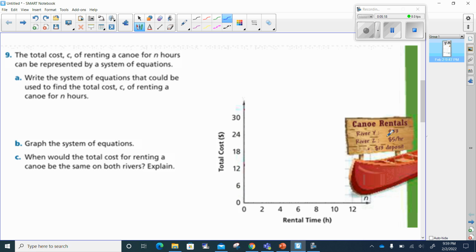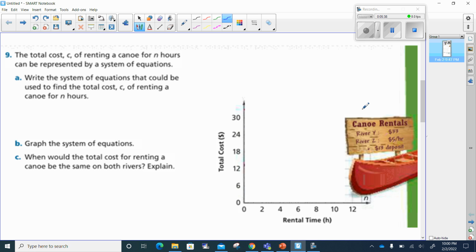The canoe rental for River Y is $33, right? Plain $33. River Z is $5 an hour, and there's a deposit of $13.